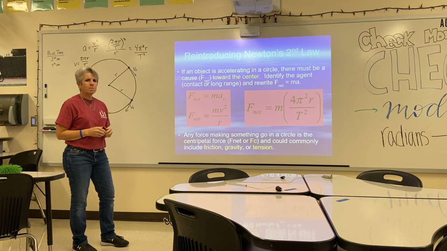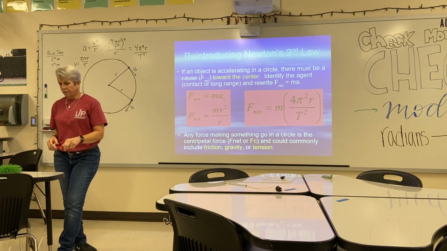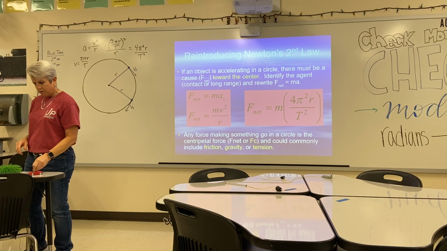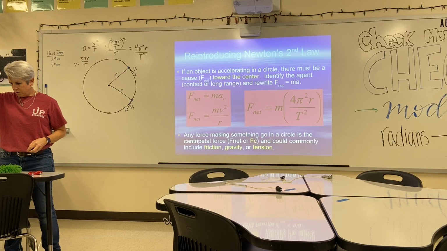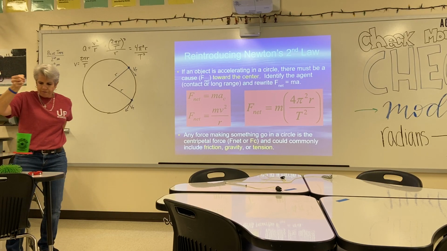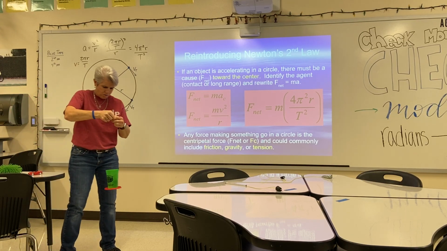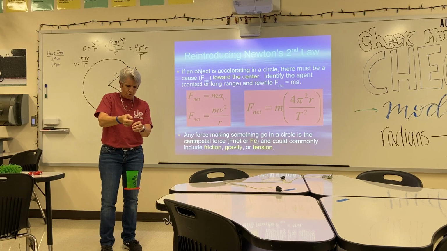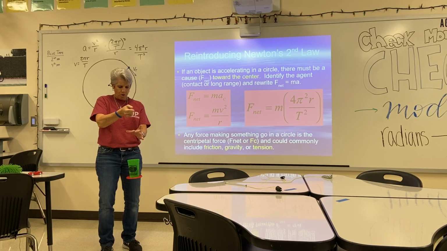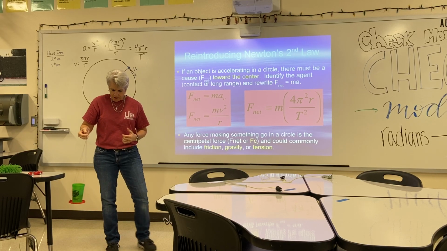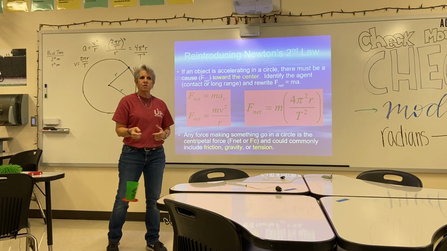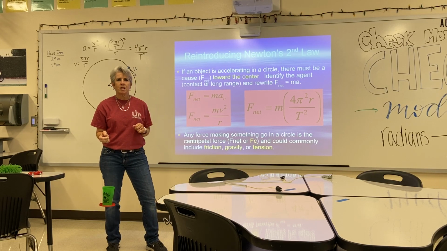Another force that could make things go in a circle is the force that might be on a string. Of course, we call that force tension. So here I have a cup of water and a rope, 4 ropes supporting my cup and a little plate. If I start to send this sideways, it wants to keep on going sideways.